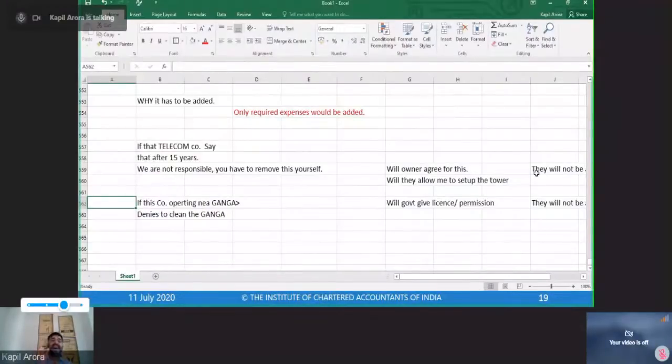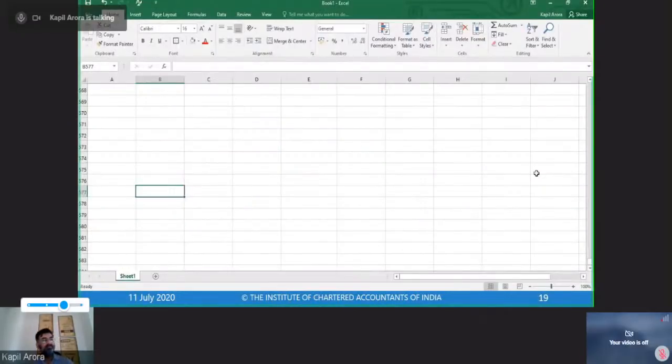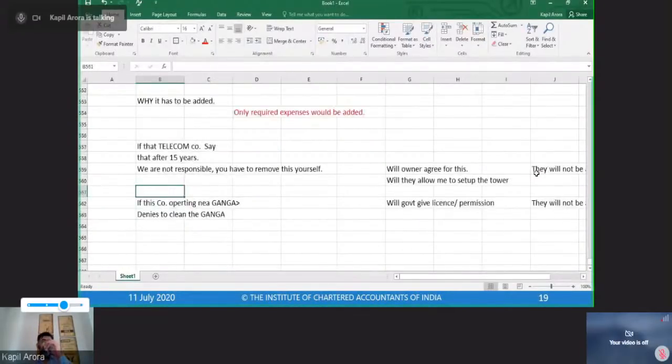So that is the reason this dismantling cost, even though I am incurring it after 15 years, becomes a required expense and I have to consider it. Hope this is okay with everybody. Right? So this is about why it is required to be added.